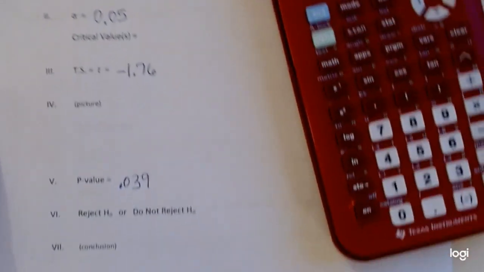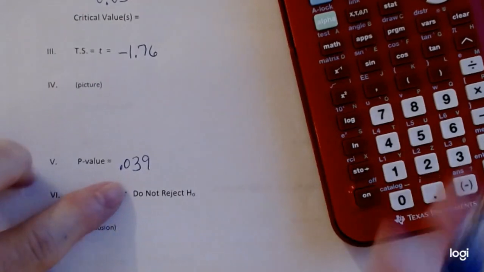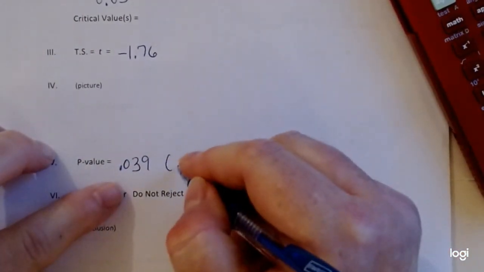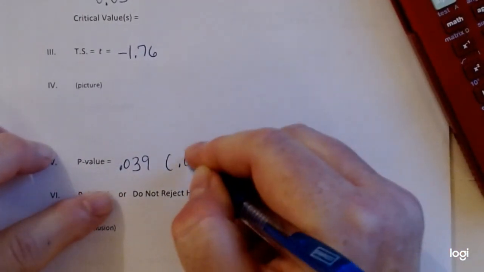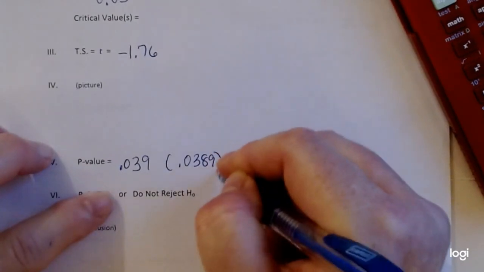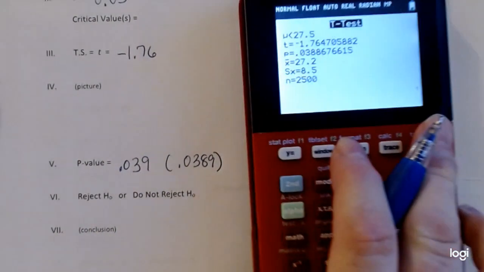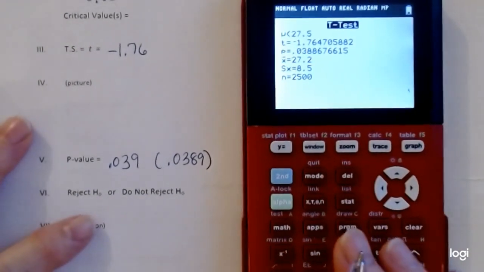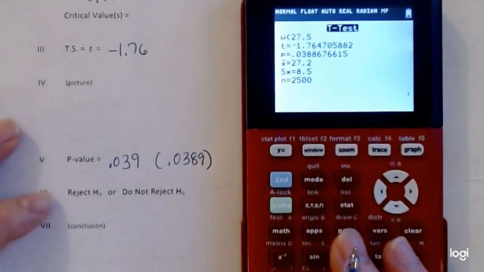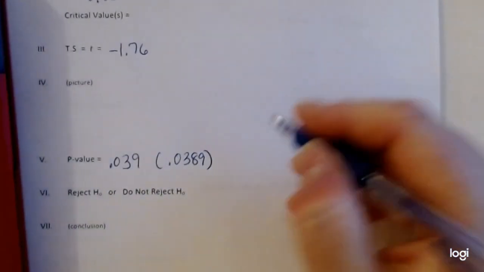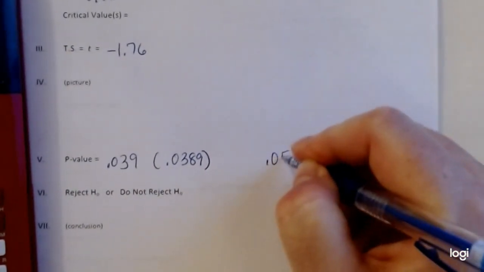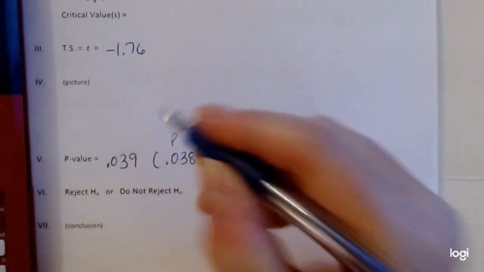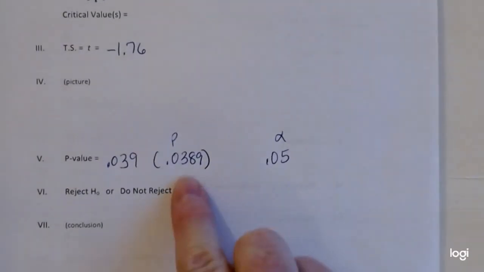If we round to 3 places, if we round to 4 places, it's going to be 0.0389, and you might be asked to do 4 places in a homework question. And then we compare that to alpha. So this is alpha, this is p, this is lower than this.